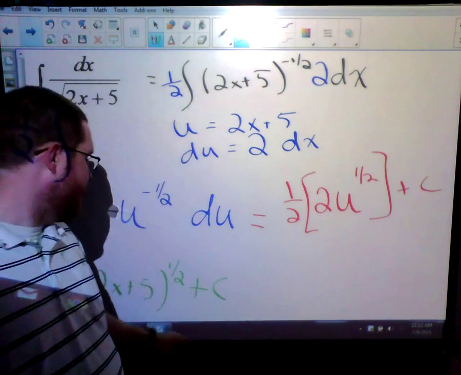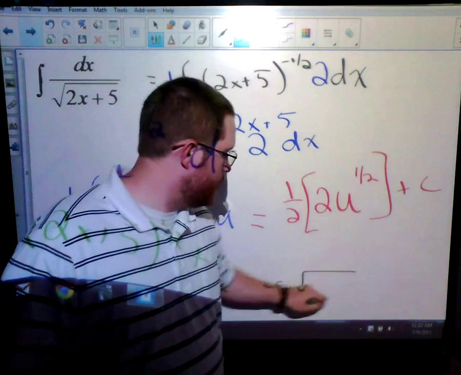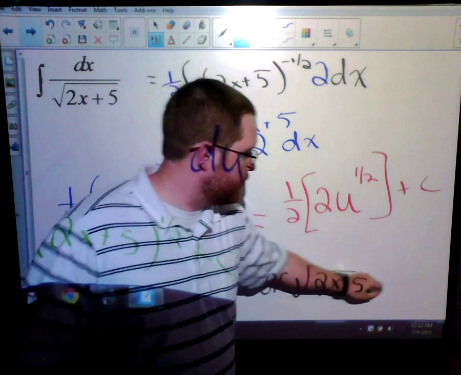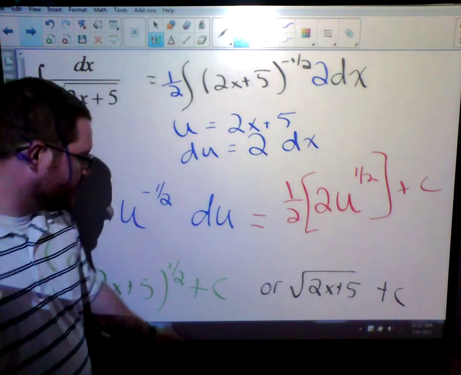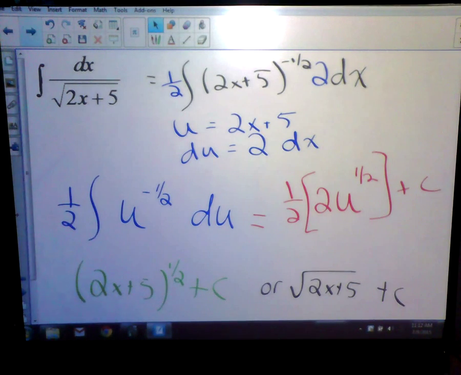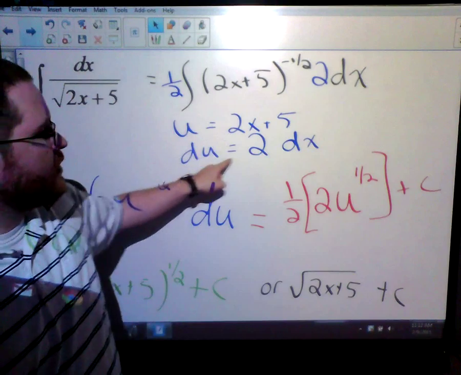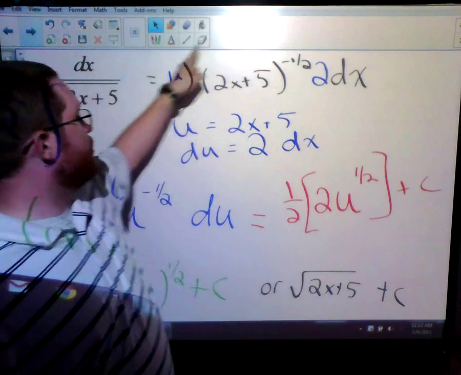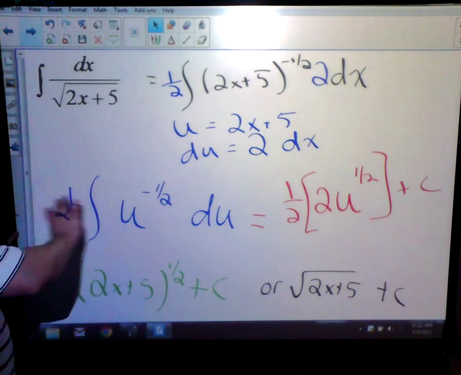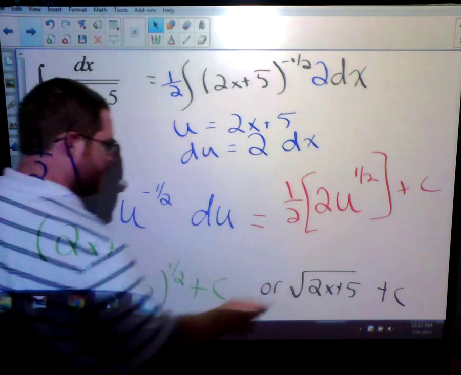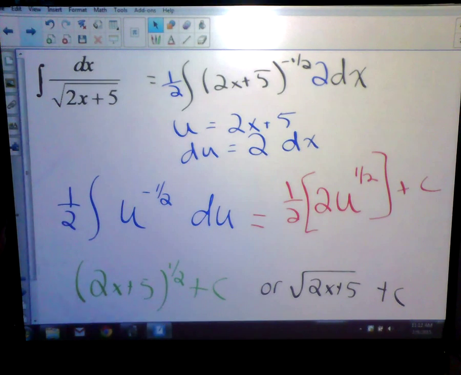Or if you wanted to, you could write that as the square root of 2x plus 5, plus c. Either answer is fine. Just make sure you convert it back. Quick review: found u, calculated du, had to include a 2, so I balanced it with a 1/2, rewrote it, integrated it, plugged the x back in.